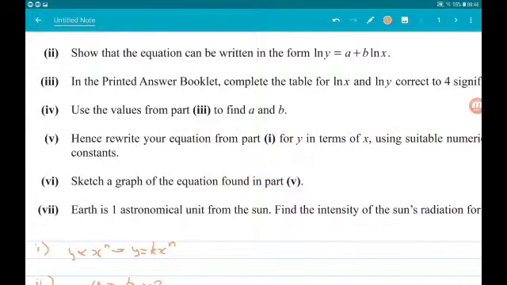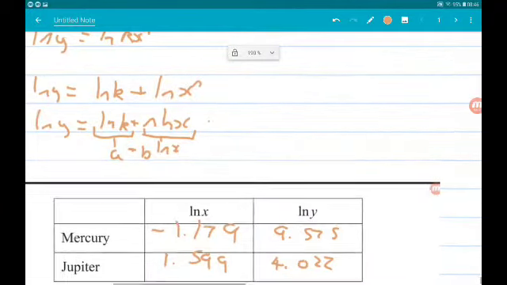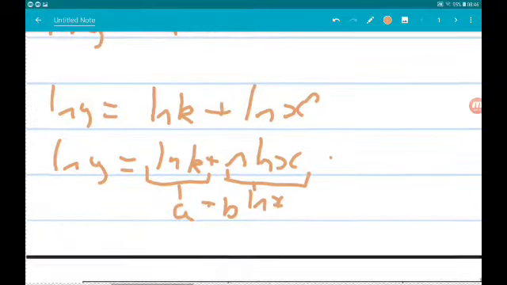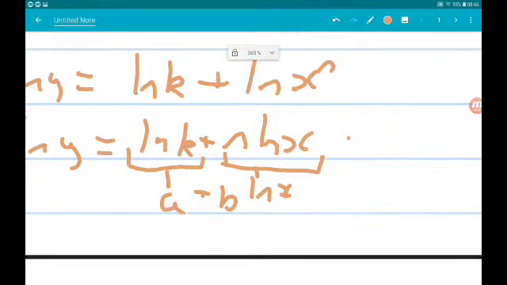Okay, then part 4 wants us to use the values in the table to work out the values of A and B. So, remember from this part, we've shown that log y is some constant log k, which we can call A, add n log x, we can call n b.